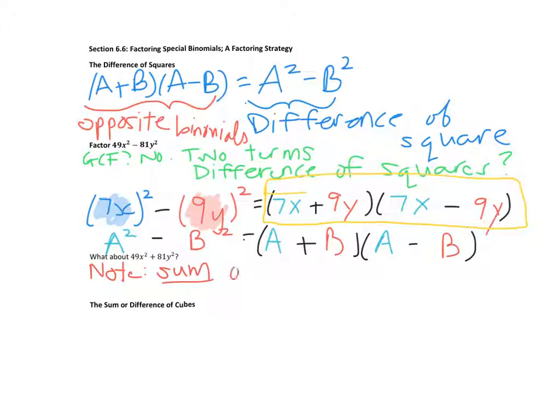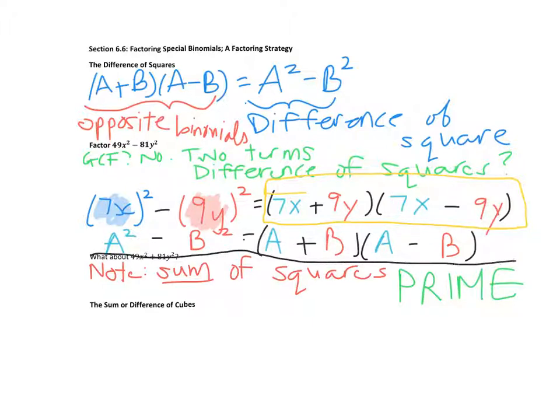And a sum of squares is actually prime. If we can't factor out a greatest common factor, we can't do anything. So this is prime. So the sum of squares is prime. A squared plus b squared is prime.